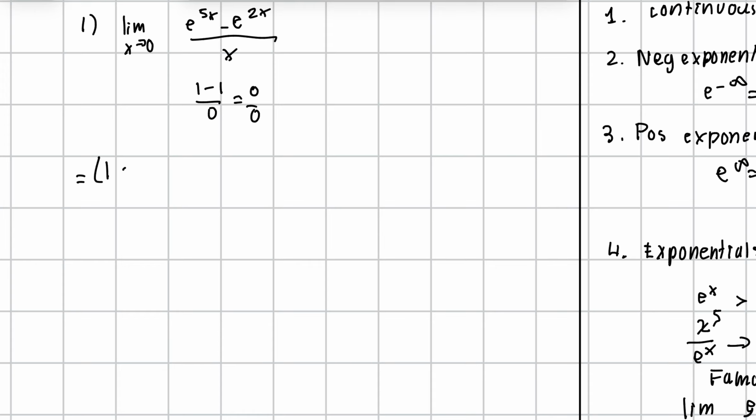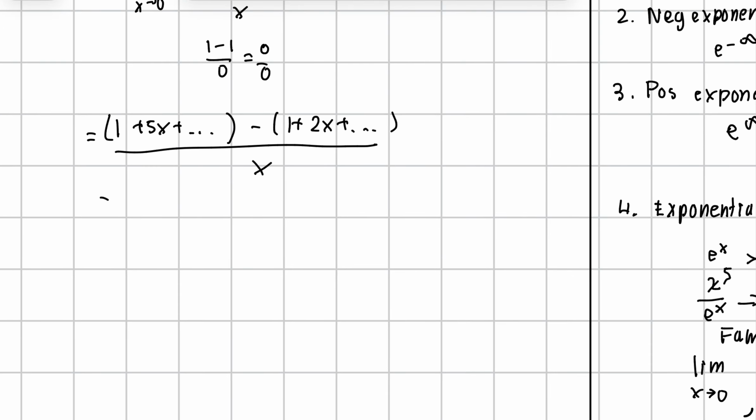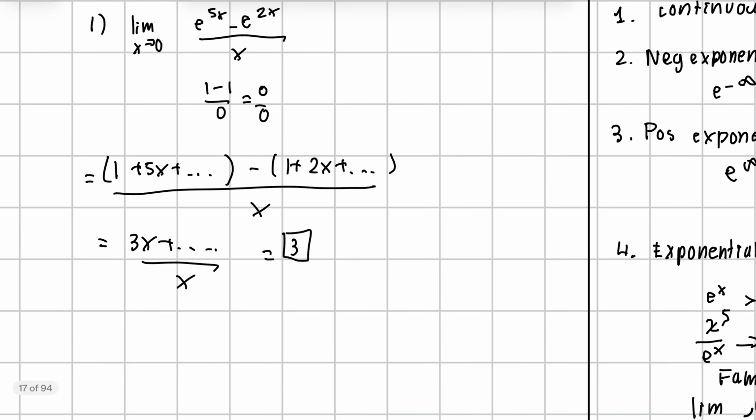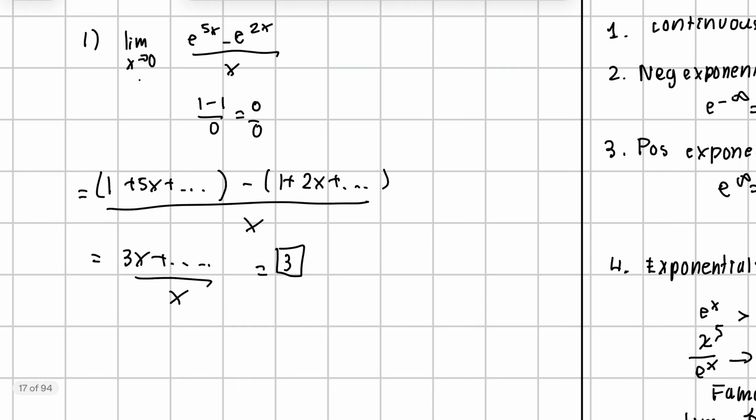We have instead 1 plus 5x plus something minus 1 plus 2x plus something, all divided by x. So this is going to simplify down to 3x plus, continuing on with the pattern, over x, and then this is going to be 3. The reason why this is right is because when x is near 0, e to the power of kx is approximately 1 plus k times x.